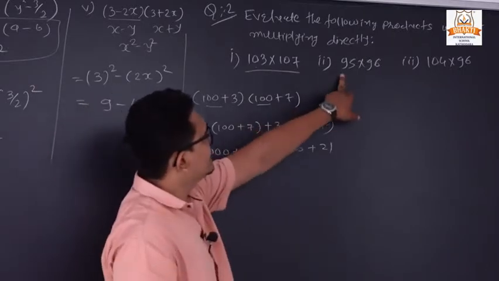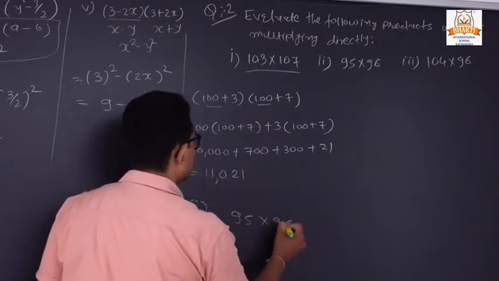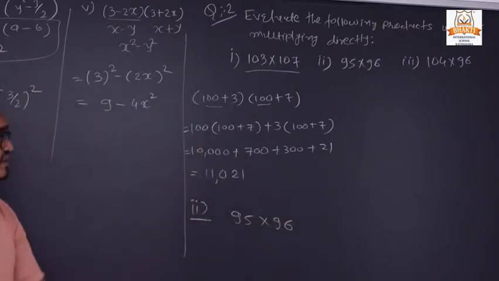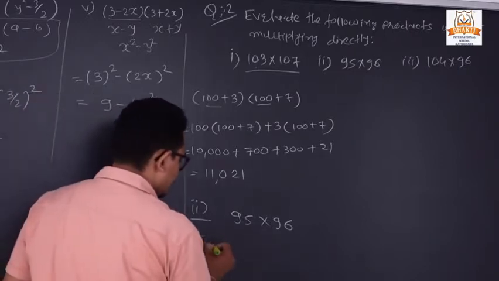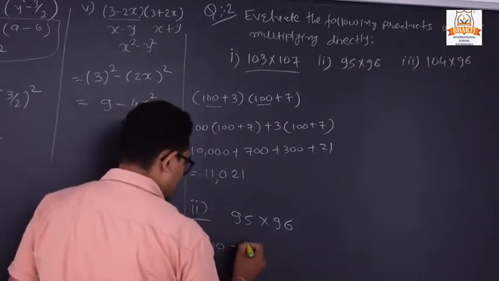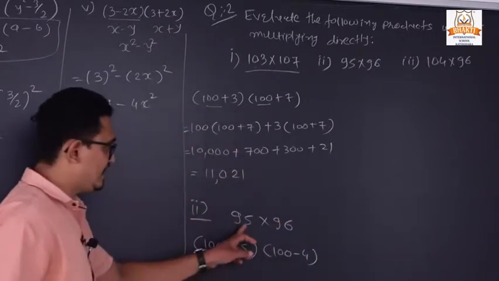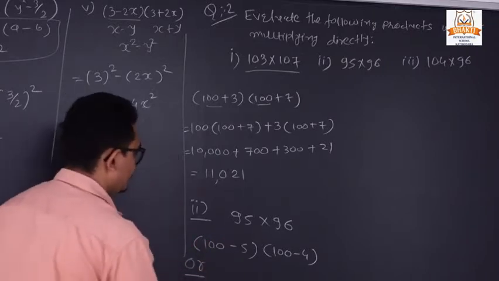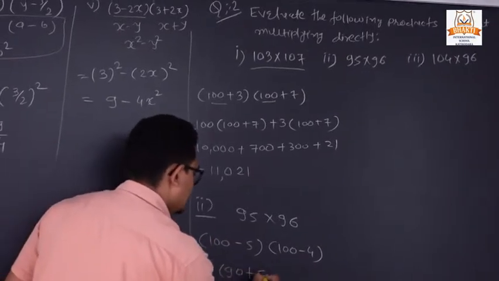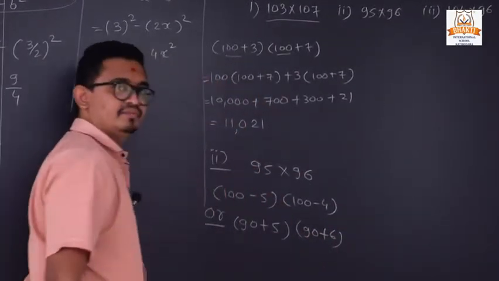Now the second question. See 95 into 96. How can we simplify that? Either we can use 100 minus 5 and 100 minus 4, or we can also write 90 plus 5 and 90 plus 6.